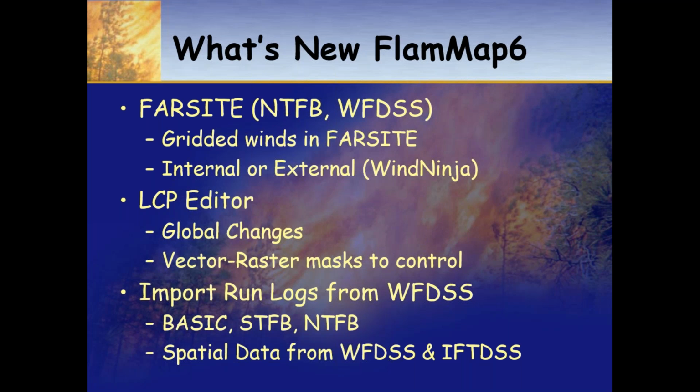So in complex terrain, you may not be able to get all the physics into it. If you use external WindNinja, you can develop your gridded wind fields external to FlamMap, use the full mass and momentum solver, and bring those files into FlamMap and use them.